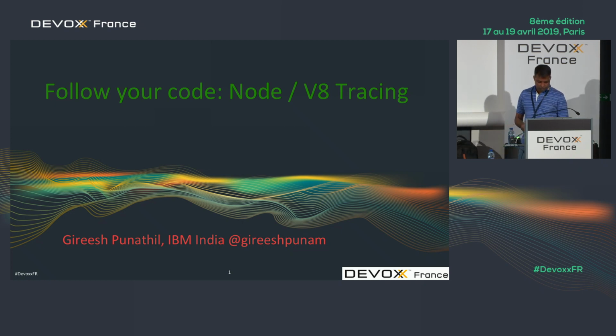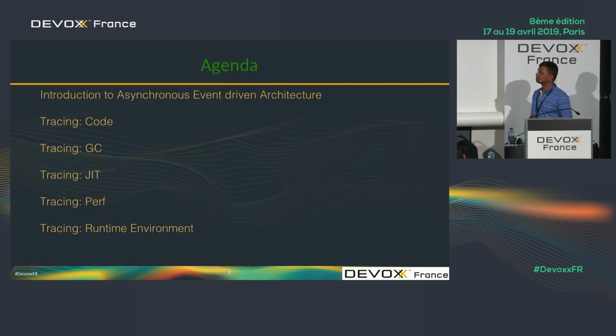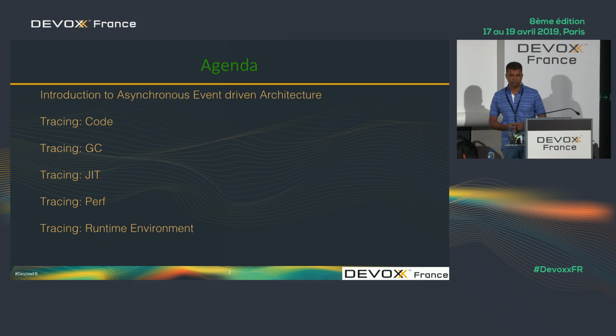Coming to today's topic, basically tracing and logging in Node.js and V8. For any programming language, the first thing to do for debugging your application to see what went wrong, etc., is to put a printf statement or a console.log statement.